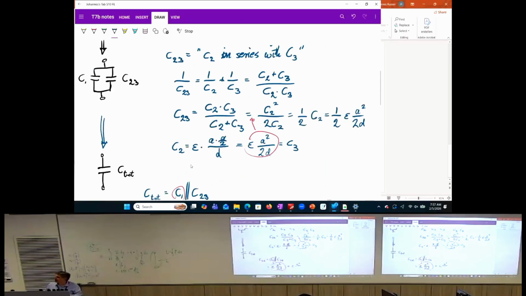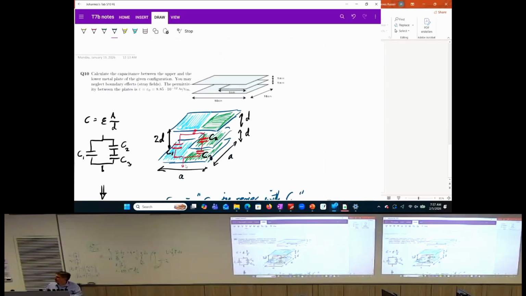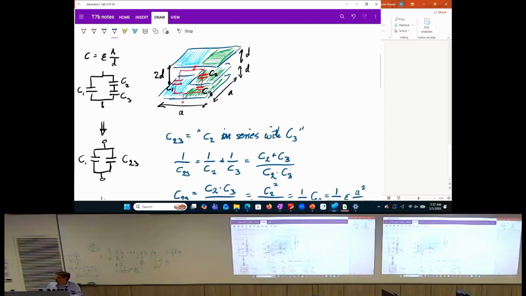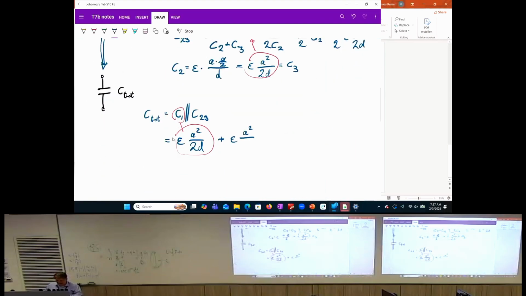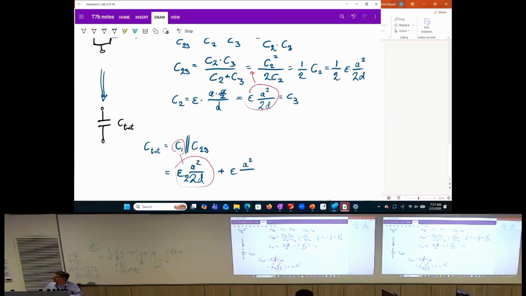This area is A times a half. So the area is A squared over 2 and the separation is 2D. So I'm missing a 2 here. And here we have 1 half times epsilon A squared over 2d.